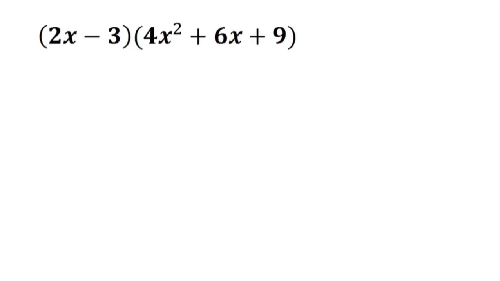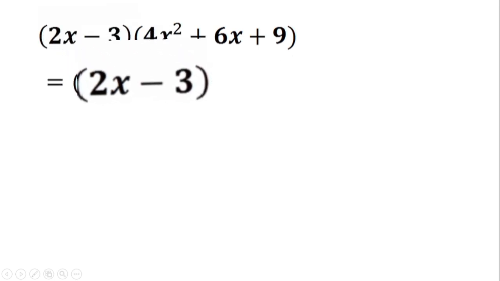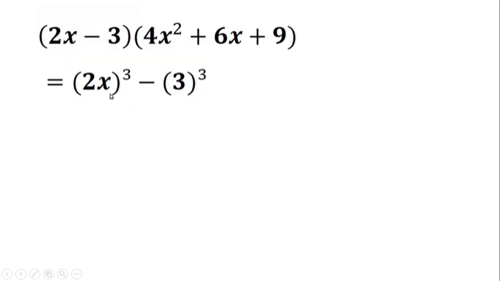Another example is this one, 2x minus 3 times 4x squared plus 6x plus 9. Take note that 4x squared is the square of 2x and 9 is the square of 3, and 6x is the product of 3 times 2x, and this will result in 2x cubed minus 3 cubed.